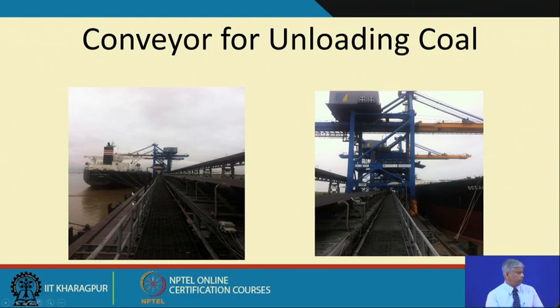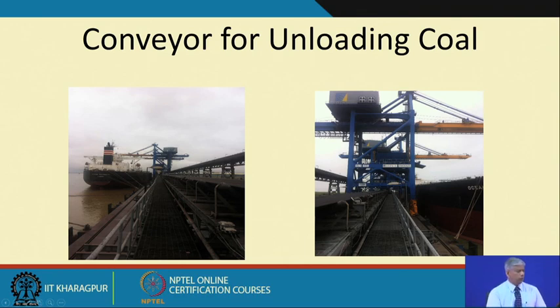And just to give you a view, a ship loading raw material into a conveyor system, and there are crane operated loaders here, so they can scoop from the hull of the ship or drop into the hull of the ship. But these are the conveying systems.